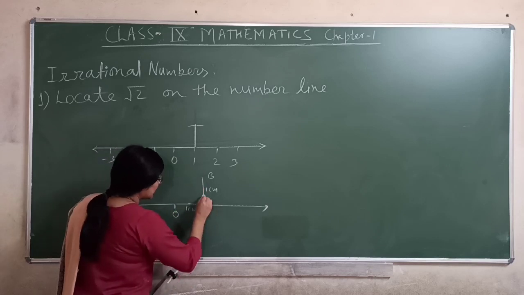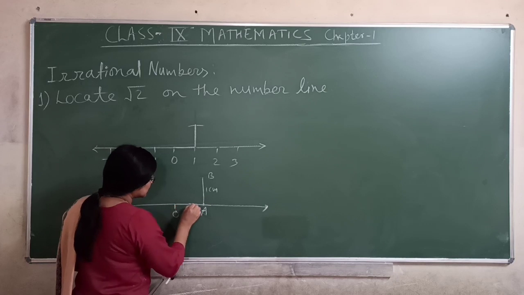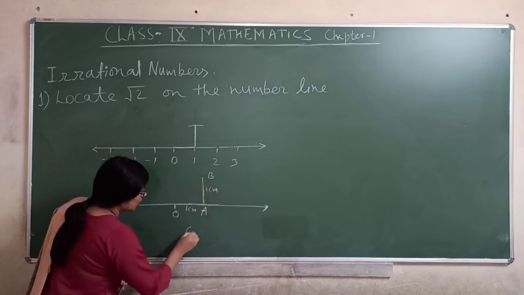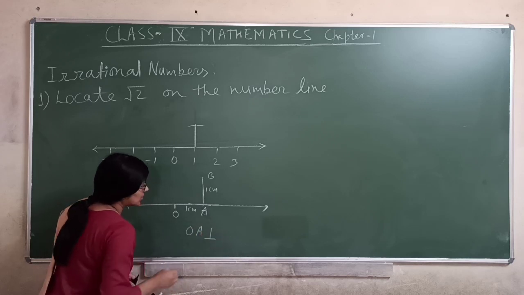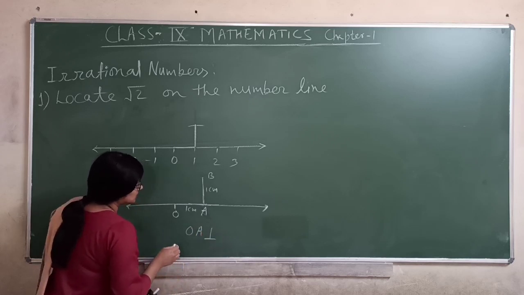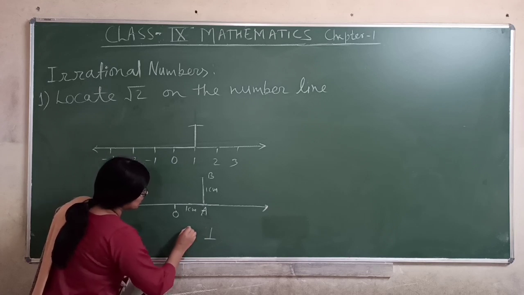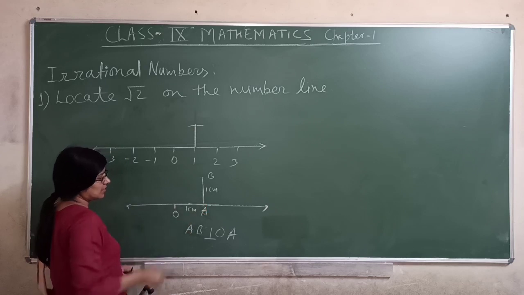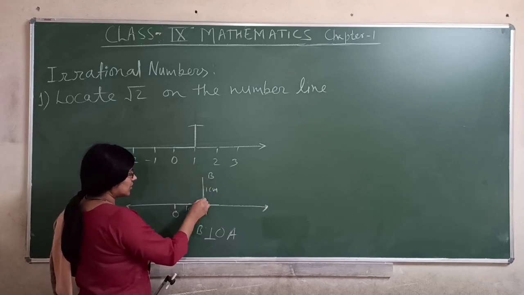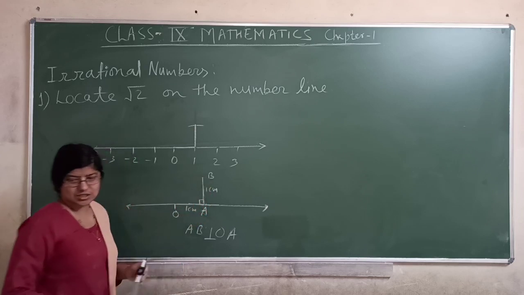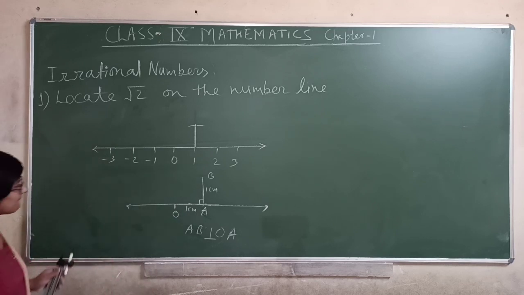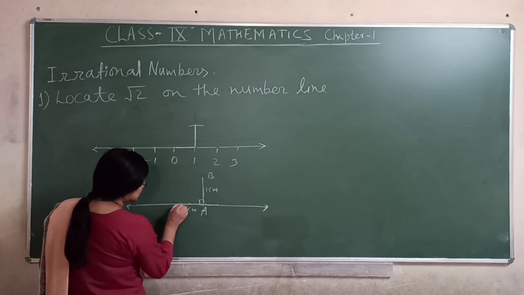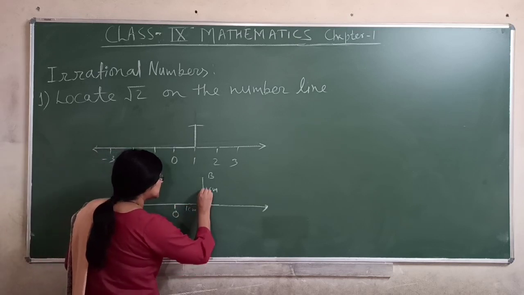These two lines are exactly perpendicular to each other: AB is perpendicular to OA, so here is an angle of 90 degrees.